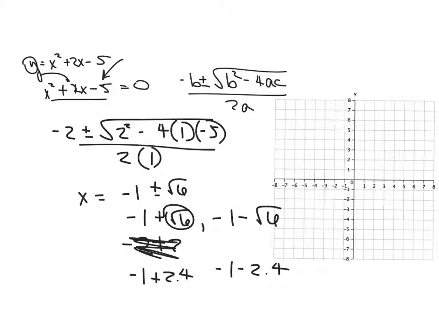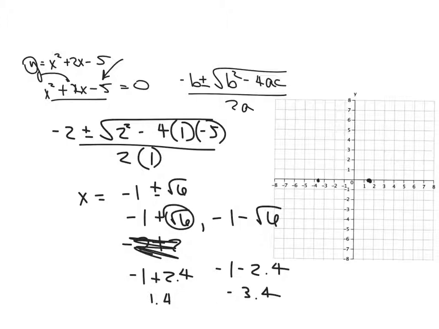Alright, so that means that it crosses the x-axis at 1.4 and -3.4. Okay, so again, 1.4 is around 1.5, -3.4 is around 3.5, so we're kind of guessing there. And that gives us that point.